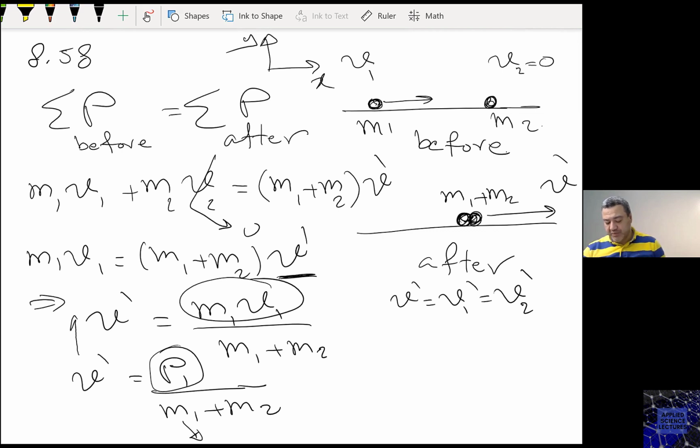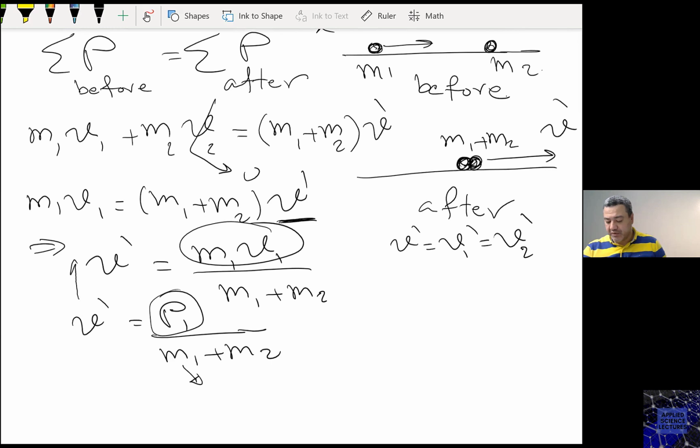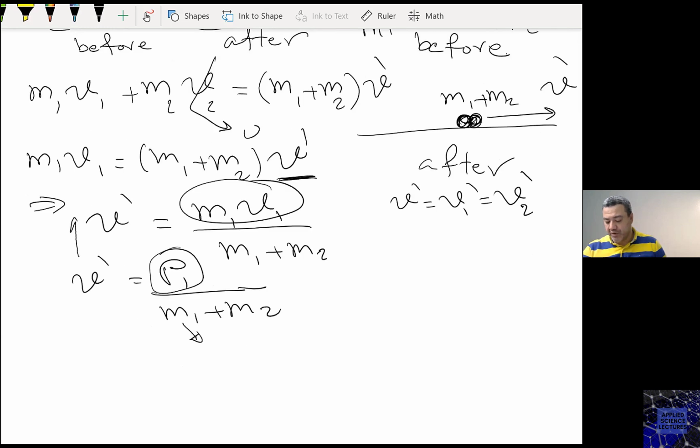If m1 is small, then v prime would be large. So if m1, the runner, is less than you, then v prime will be large.